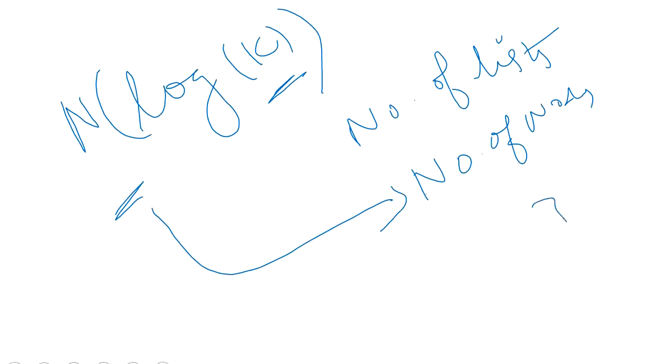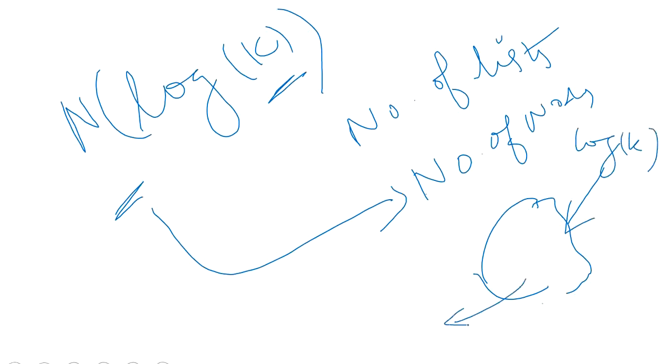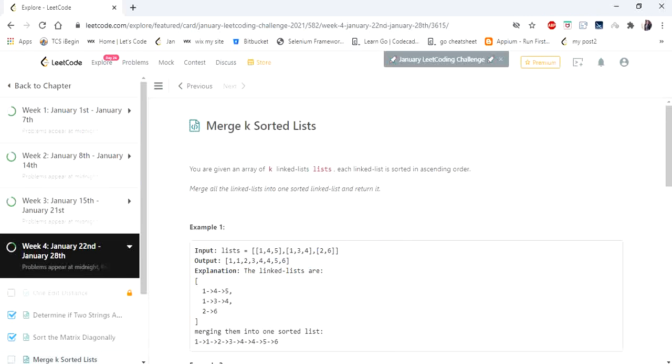That is, we are going to have our min heap and insert all the elements, which takes log k each, and again remove all the elements, which takes log k each. So we perform the operation twice, so it will be 2 into n log k. The 2 is a constant, so ignoring that, our time complexity is n log k.